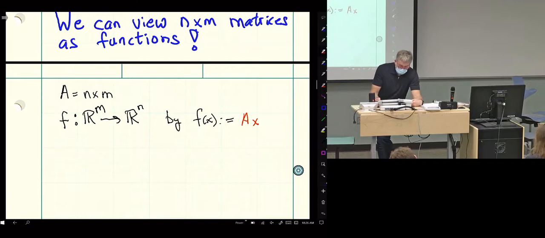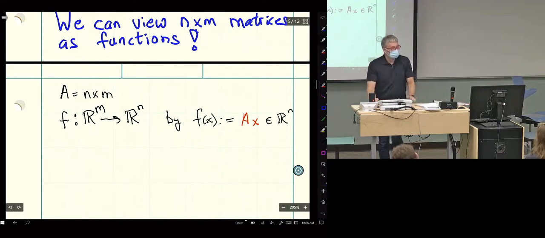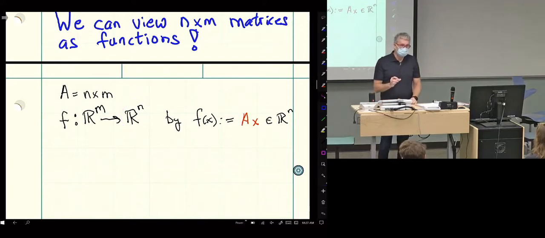So x is m by 1, A is n by m, and so this is an element of Rn. So it all works. It's a function from, we would call this the domain. You may have learned that this is called the range, but it should be called the codomain, because we're going to use the word range for something else.